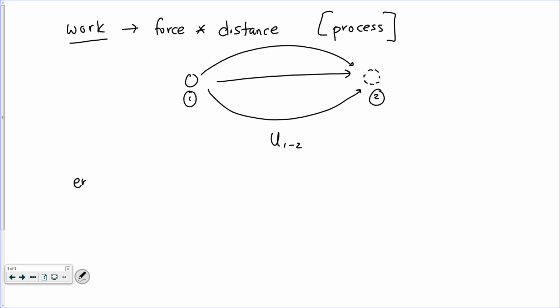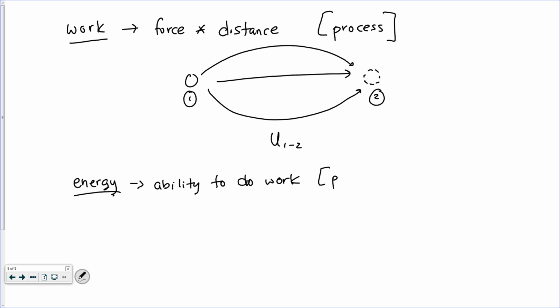Energy, on the other hand, has nothing to do with the process. It is completely independent of the process. Energy can be stored in a number of different ways. We've learned about kinetic energy, which is how an object stores energy within its motion, how it stores the ability to do work. So another way to talk about energy is the ability or capacity to do work. But it has nothing to do with the process. It's independent of the process.